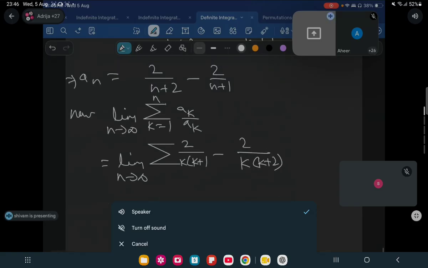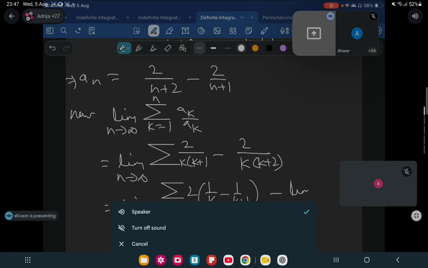We can use partial fractions. This will become limit n tends to infinity, summation of k equal to 1 to n of 2 into 1 by k minus 1 by k plus 1.